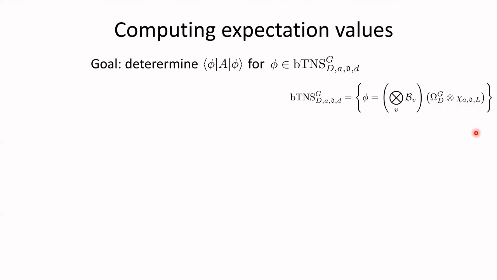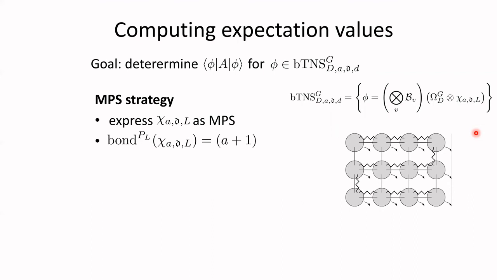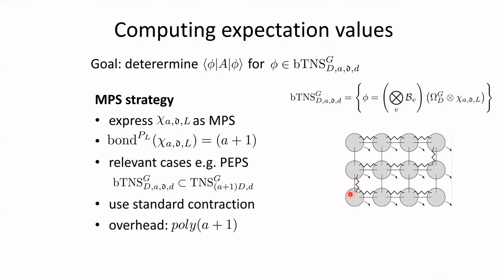And then we can basically describe two strategies in order to compute expectation values. One strategy uses that we can express these chi states as matrix product states of constant bond dimension, A+1. And then we can basically, for example, for a lattice, just add this additional MPS in the background of the state and do a standard contraction scheme in order to compute the expectation value.